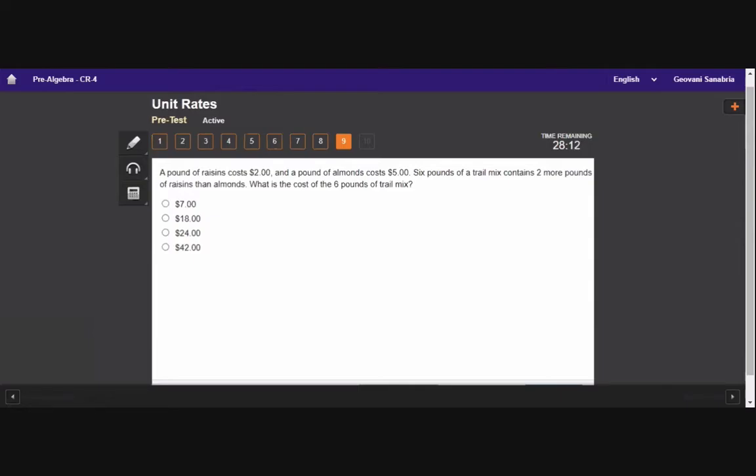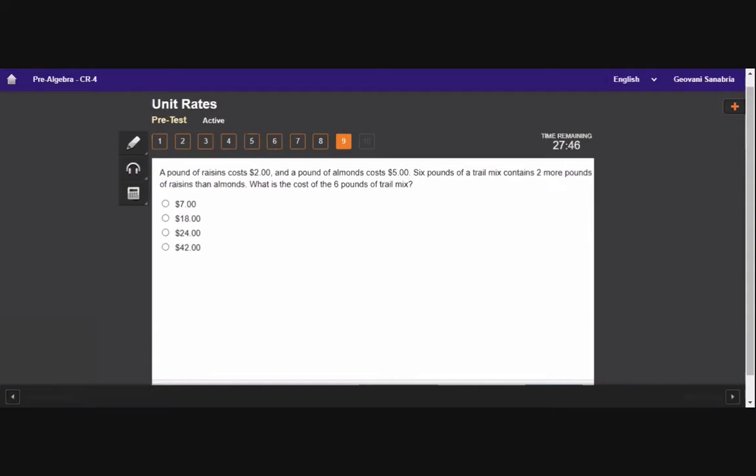All right, this is what I'm thinking. 6 pounds of trail mix contains 2 more pounds of raisins than almonds. Okay. So there's 6 pounds of trail mix, but 2 less pounds of almonds in it.